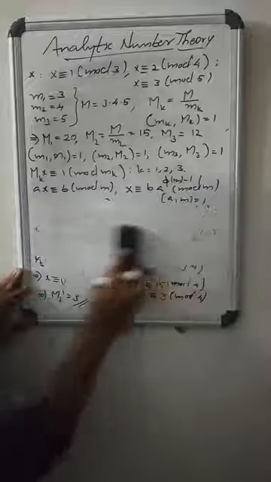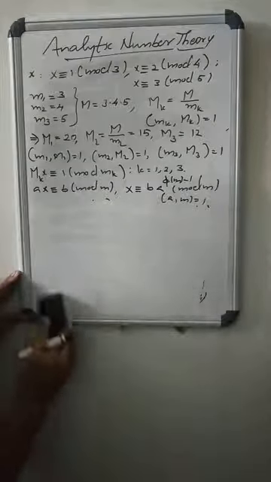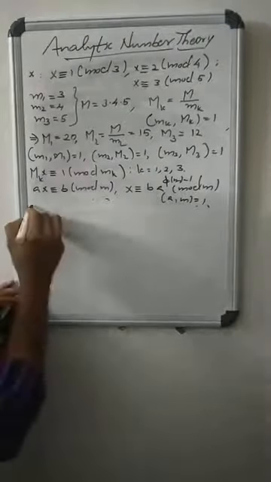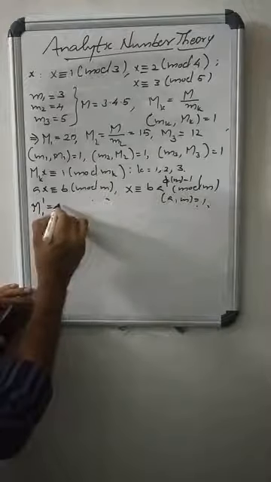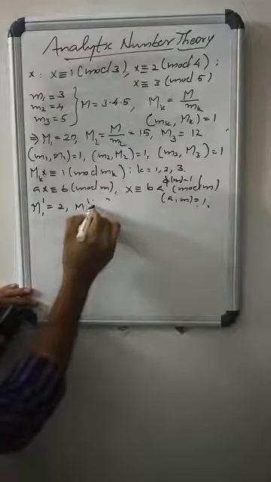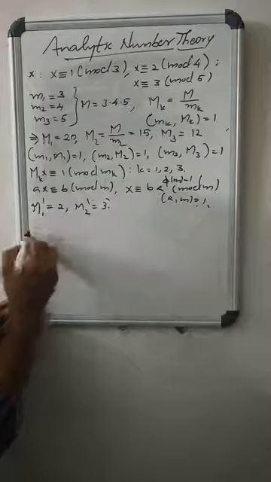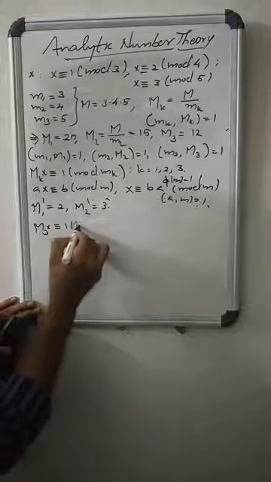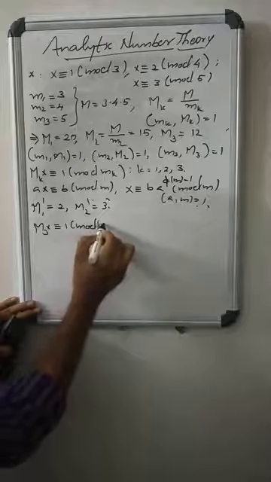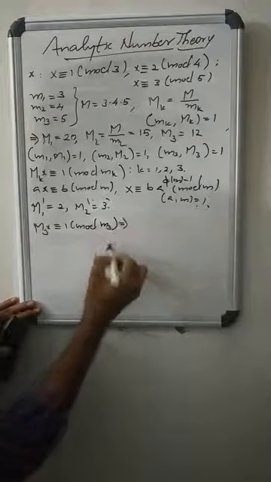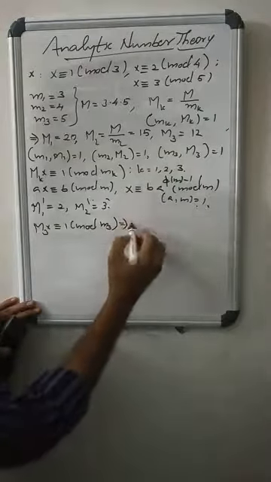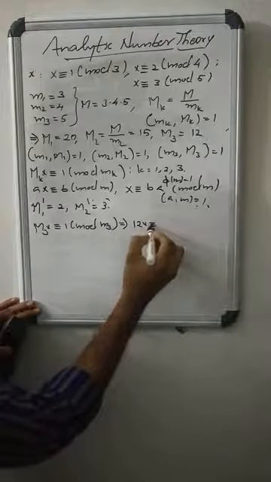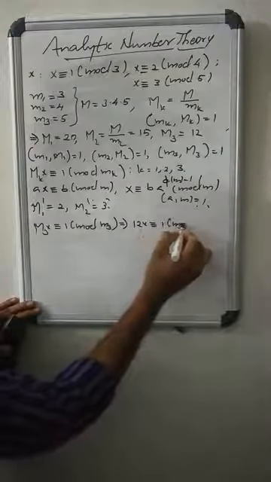Similarly, you can solve the third linear congruence. We already obtained m_1 dash equals 2 and m_2 dash equals 3. Coming to the third, M_3 x ≡ 1 mod m_3, where M_3 is 12 and m_3 is 5, so 12x ≡ 1 mod 5.